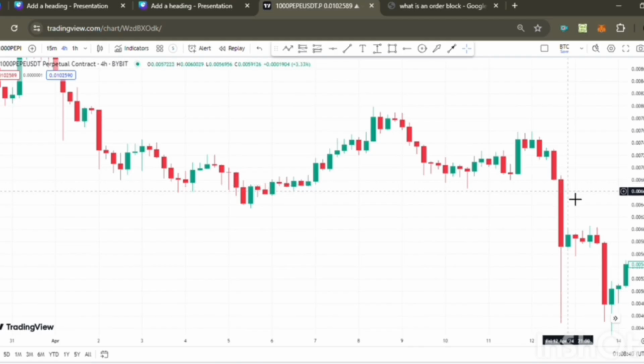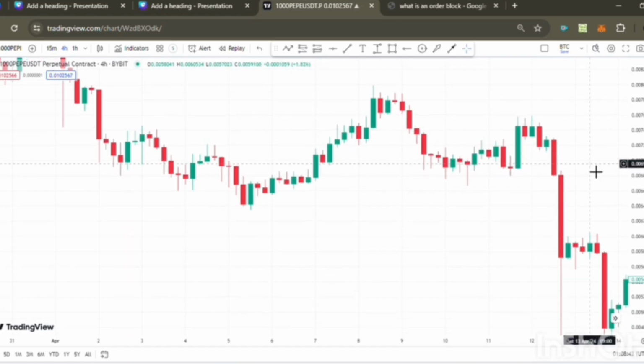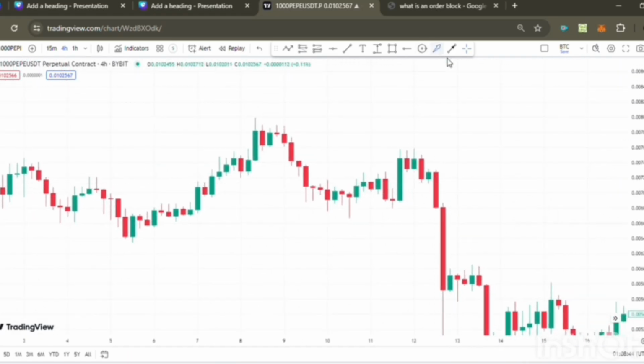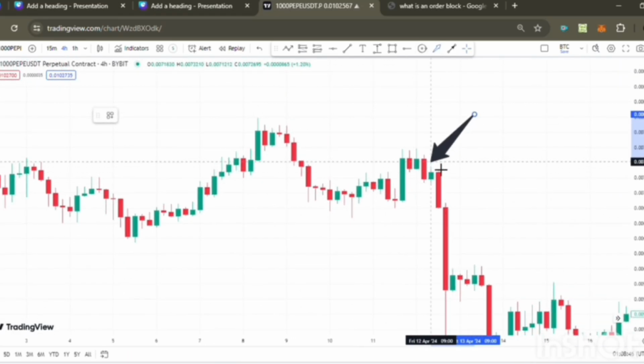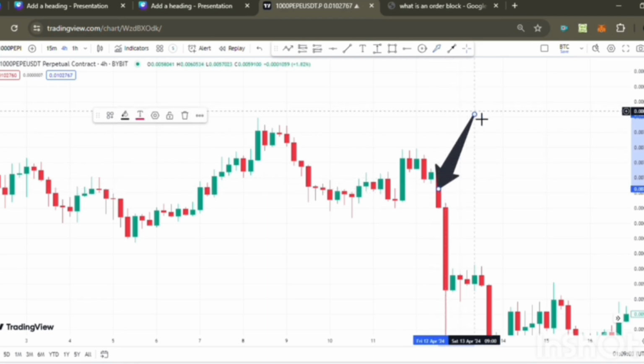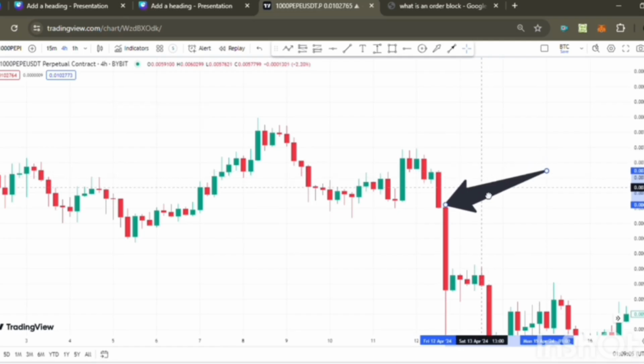Okay, look at what I want to show you. See, this green candle here, the higher wick of the green candle does not completely sweep the liquidity of the previous bearish candle, this red candle. But then there is a gap here. There's an imbalance here, as you can see.